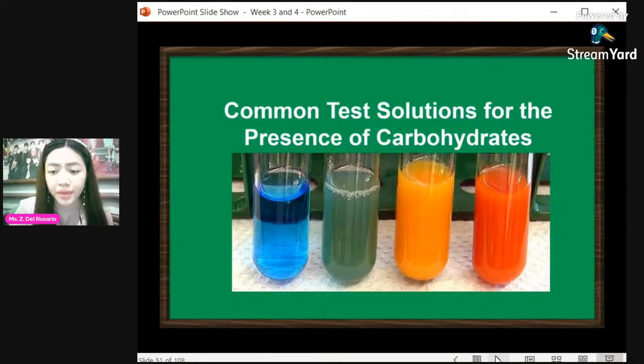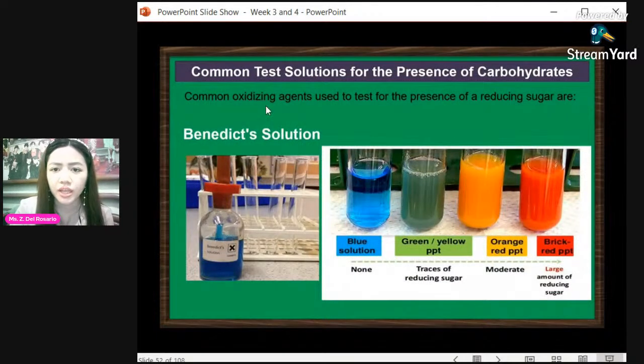Just like what was mentioned in the Valenzuela Live, some of the common test solutions in determining the presence of carbohydrates are the following. First, we have the Benedict solution, which is used to test whether there is a presence of a reducing sugar. If it remains blue, it means there is none present.